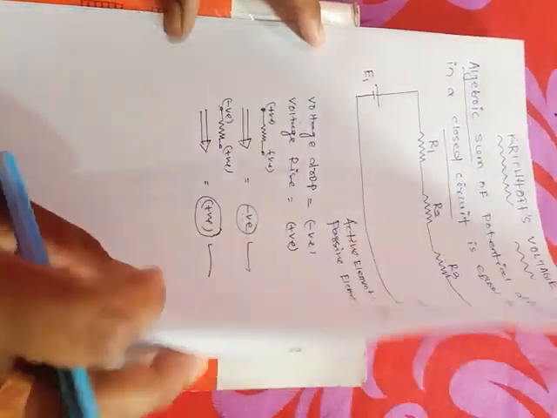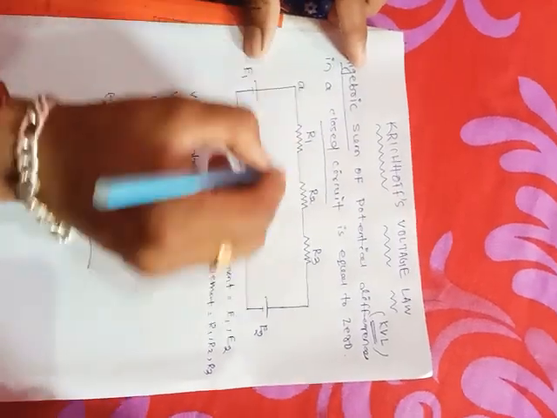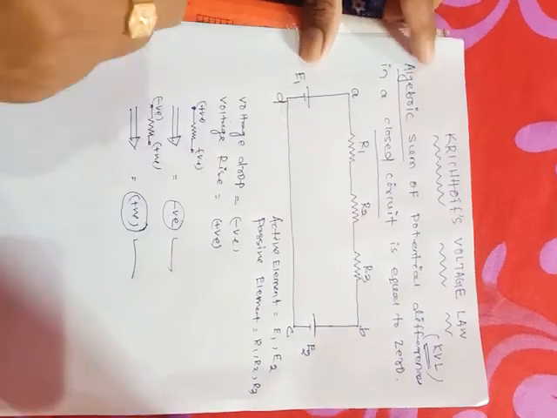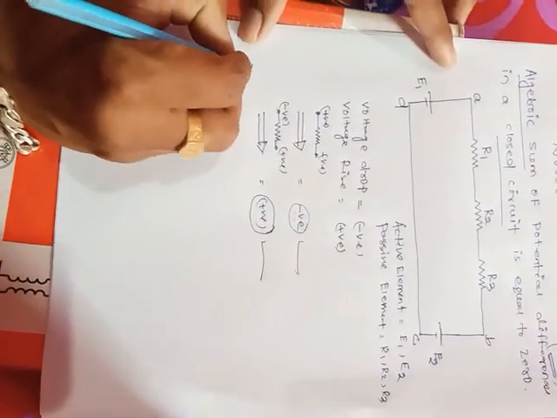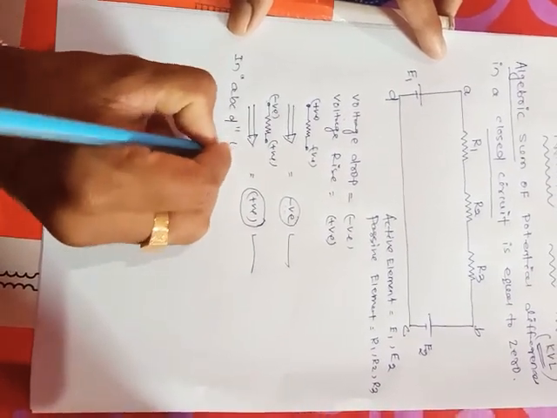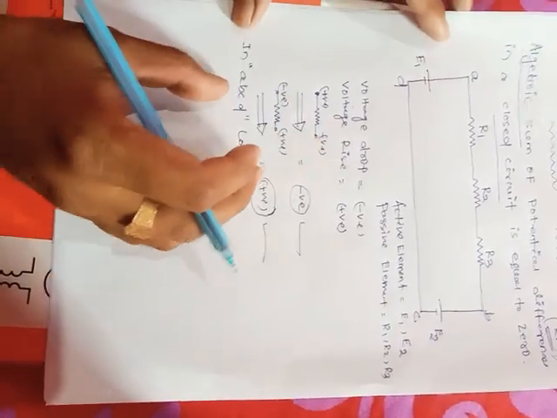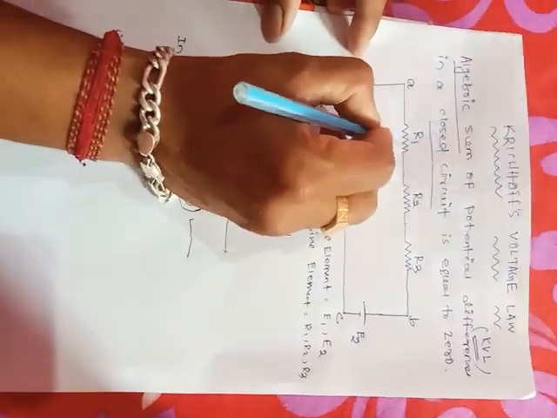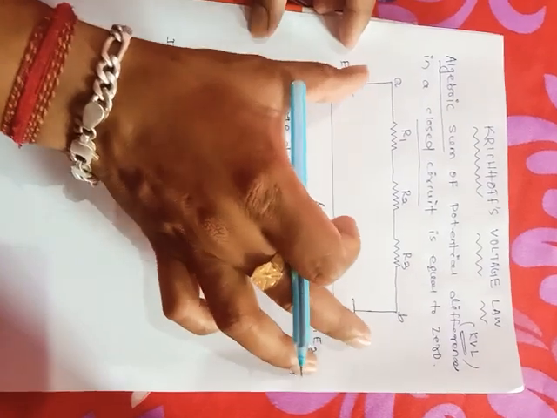In that circuit, let me name the loop A, B, C and D. This is the most important part of the electrical section, Kirchhoff's voltage law. In the ABCD loop there are three voltage drops and two battery sources.